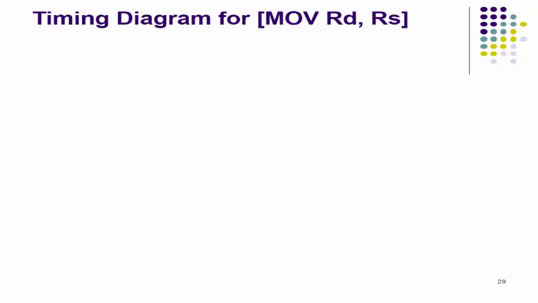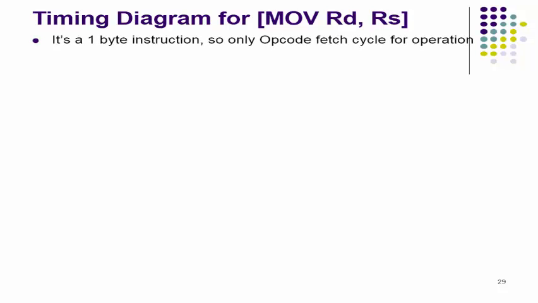The operation of this instruction you know very well, and the size of the instruction is 1 byte. Due to this reason, this particular instruction requires only a single machine cycle, that is the opcode fetch machine cycle.